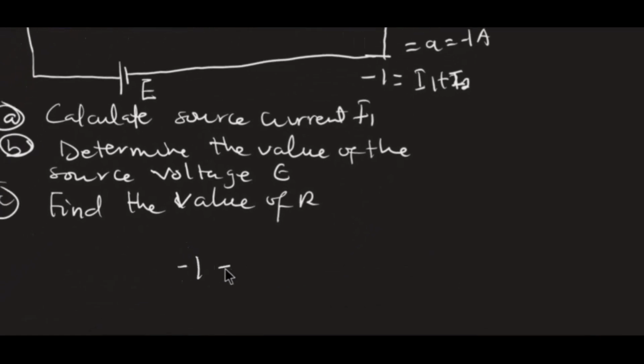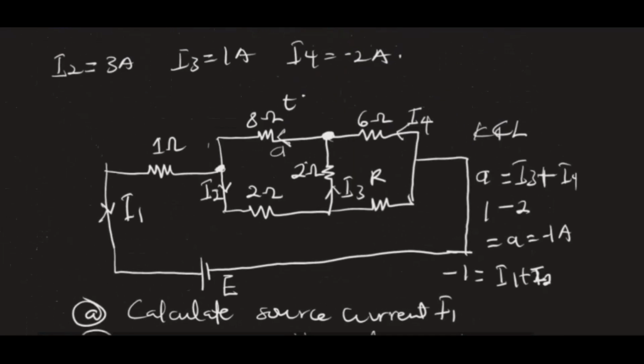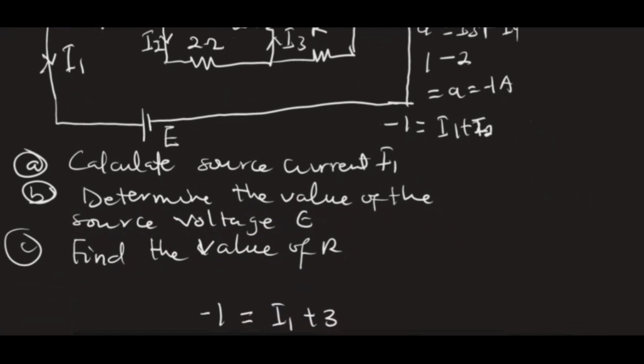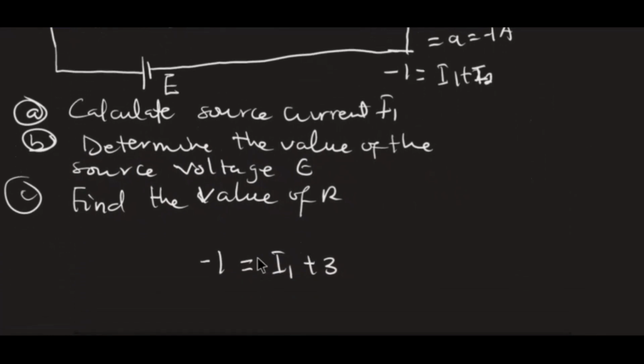So negative 1 is equal to I1 plus 3. So I1 is simply equal to negative 1 minus 3, which is equal to negative 4 amperes. So we have been able to find I1, right? I1 is negative 4 amperes.